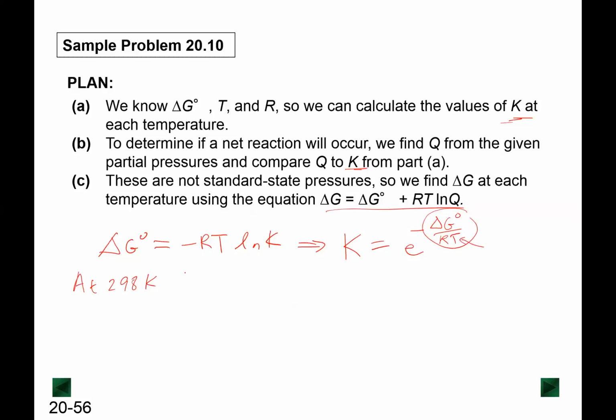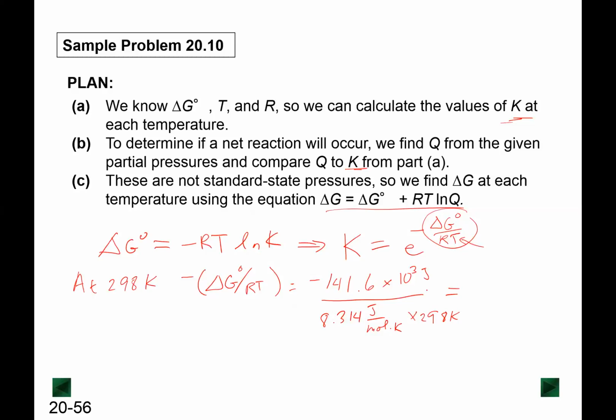We've got negative delta G standard divided by RT, which would be equal to minus 141.6. I'm going to go ahead and convert this into joules, so this will be times 10 to the 3 joules per mole, because our gas constant is given in joules, 8.314 joules per mole Kelvin. And we're going to multiply times 298 Kelvin.